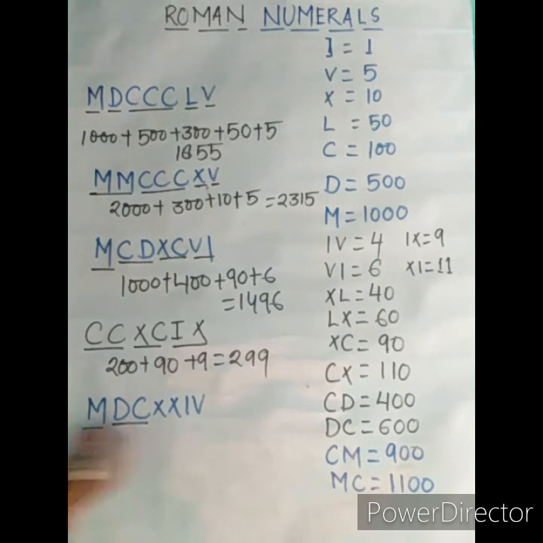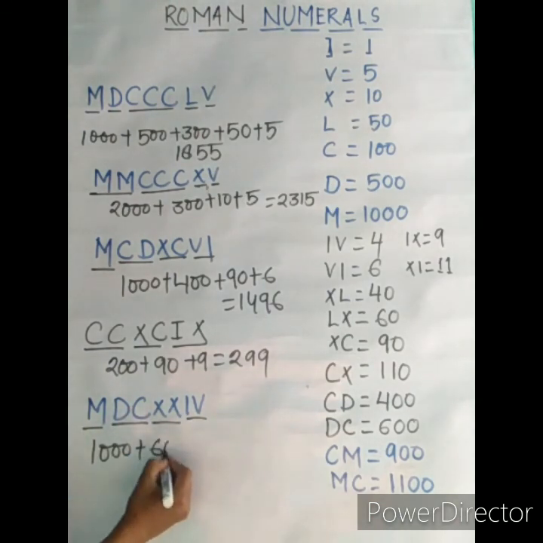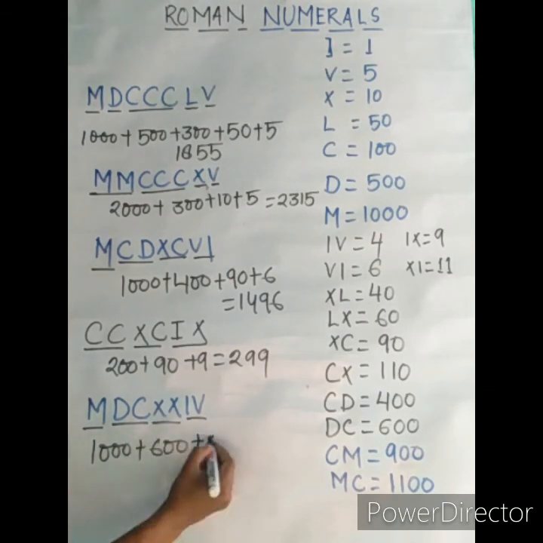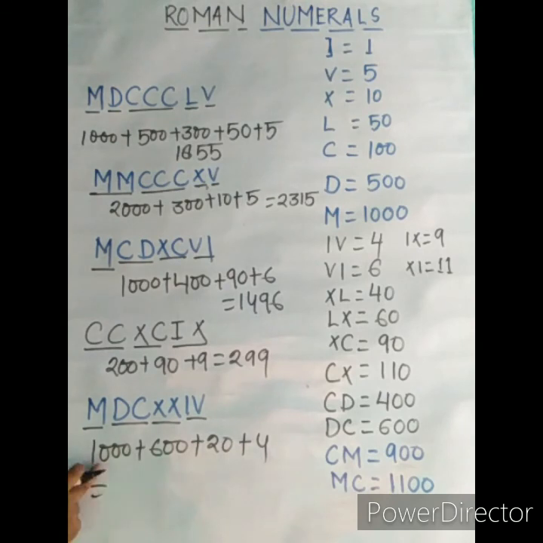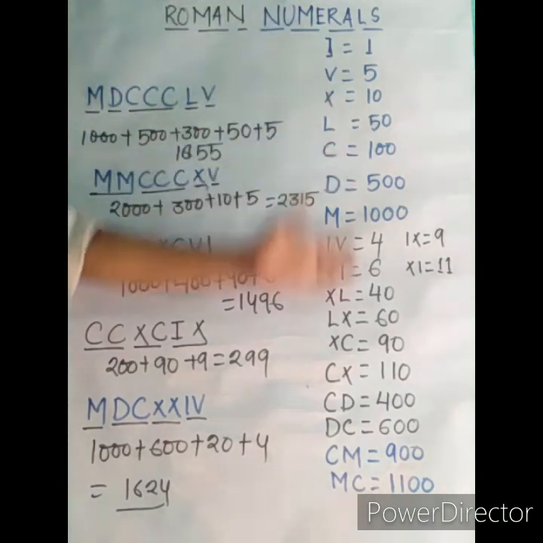So M separate, DC together. XX means 20, IV means 4. So 1000 plus DC means 600 plus XX 20 plus IV means 4. So this is 1624.